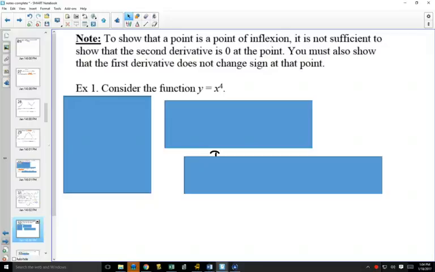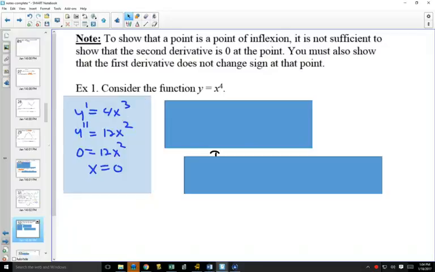We'll leave the rest of the examples for next time, but let's do just this one quick. So, if you take y equals x to the 4, and we do the derivative, 4x cubed, and we do the second derivative, 12x squared, we find out that your second derivative is equal to 0 when x is equal to 0.